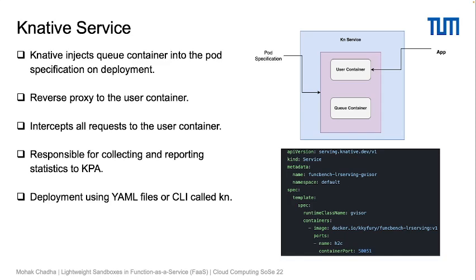This is how you write the specification, and there is a specific API reference available on GitHub through which you can look up the different options you can have. So this is how it works.